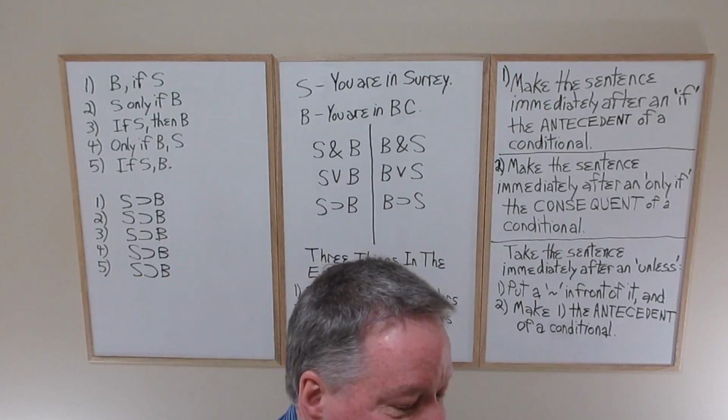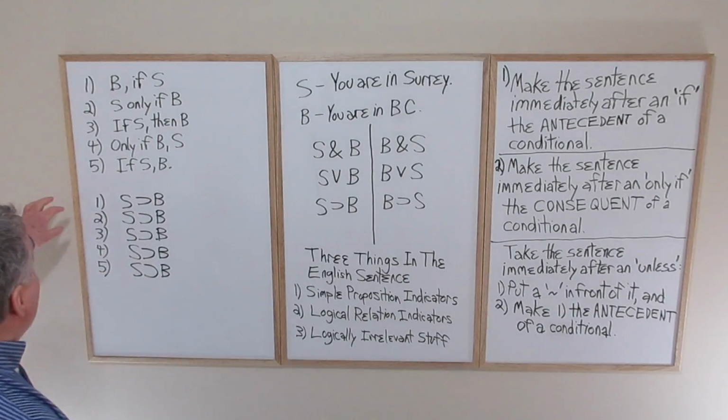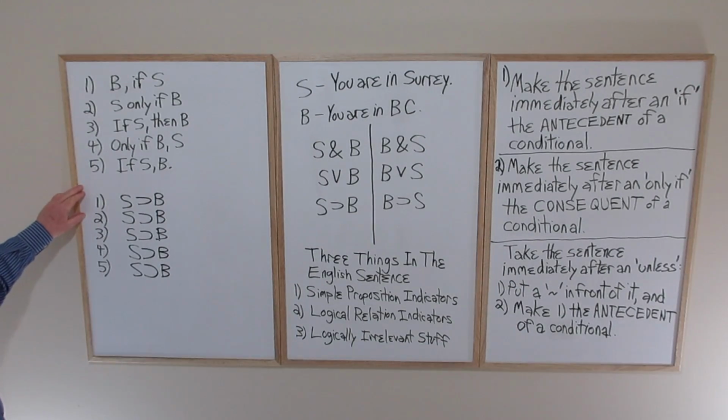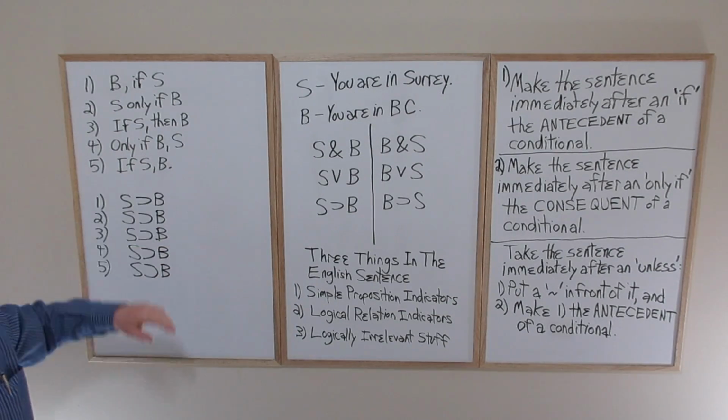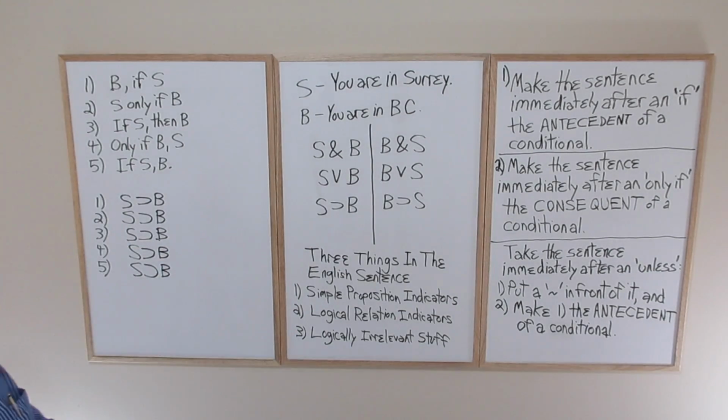All five of these sentences then are making one and the same commitment about how the world is, which is, as a matter of geographical fact, true. If you're in Surrey, then you're in British Columbia. Look at the difference between 3 and 5. If you're in Surrey, then you're in British Columbia. If you're in Surrey, you're in British Columbia.